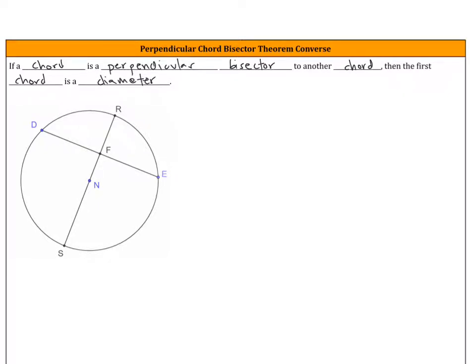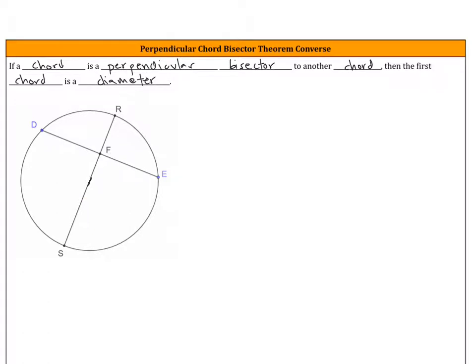Okay, so let me quickly go ahead and erase our center for a moment here. I don't want to deal with this just yet. What I'm basically doing is getting rid of that center, because here's what we have according to this theorem. We have two chords. Because I got rid of the center, we don't necessarily know if segment RS actually passes through the center.